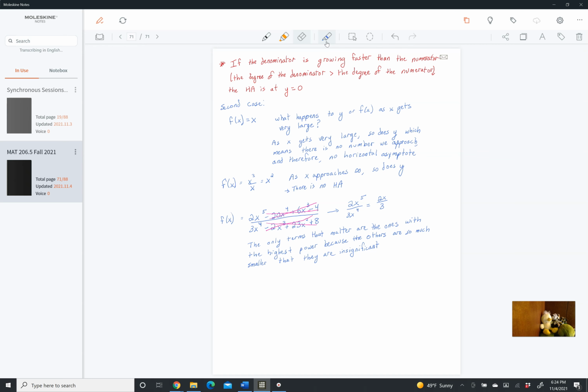So this is no horizontal asymptote. Okay. 2 times infinity over 3, or 2 times a billion over 3 is still huge. 2 times a trillion over 3 is huge. We're getting closer and closer to infinity. So there is no horizontal asymptote here.